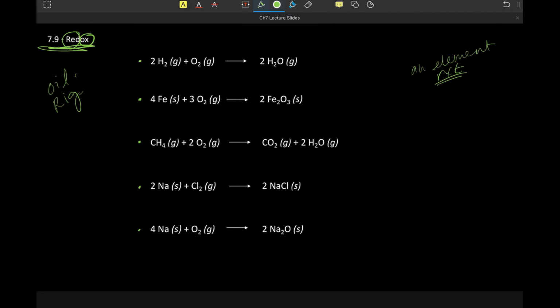Now, let's talk about how you would be able to predict the products. Redox is a whole range of reactions, and we're going to keep our range relatively narrow. But for any of these with two elements, how do we define an element? An element is the simplest building block, the simplest form. Everything is composed of one type of atom, or in a diatomic, one type of molecule.